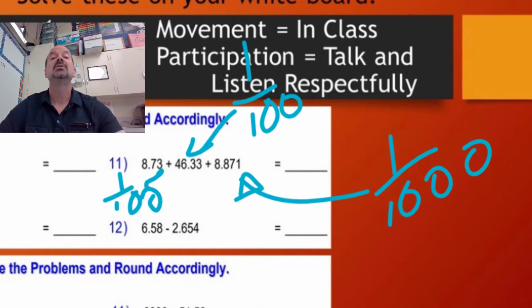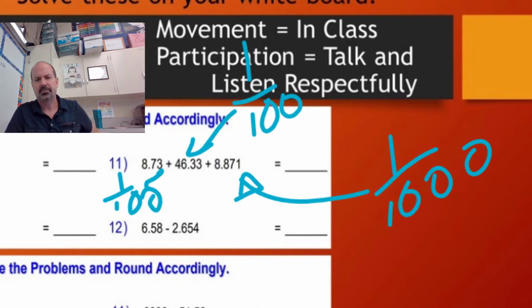The answer is hundredths. So if I took my calculator and added those numbers, if you don't mind, I'll just whip out my phone. So I've got 8.73 plus 46.33, plus 8.871. And the answer is 63.931.